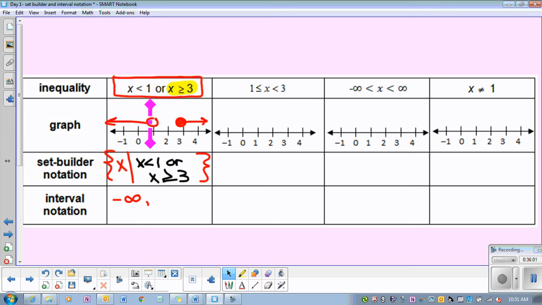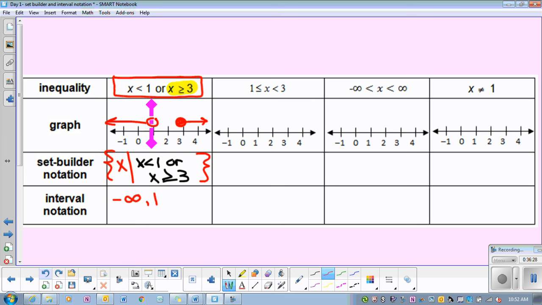And then, where does it stop? It stops at the one. Right. And then it stops at the 1. That's the first piece of this graph. You can only do 2 things at a time inside the parentheses bracket interval, right?